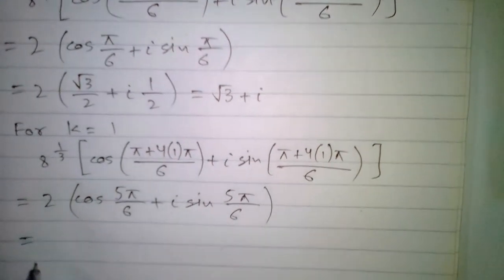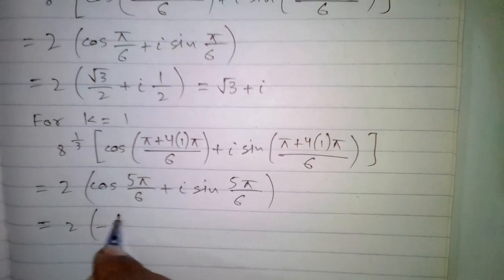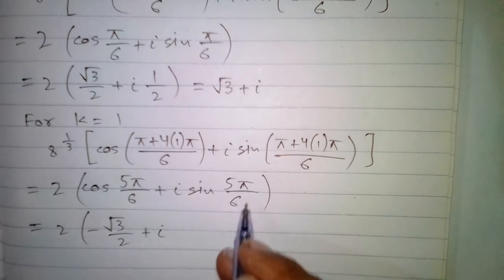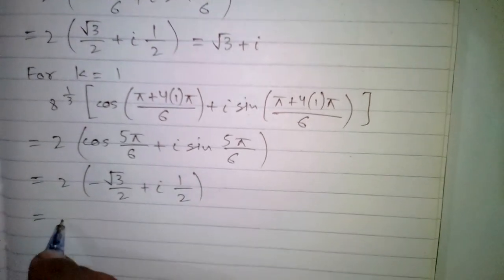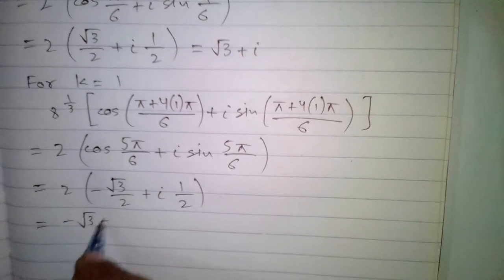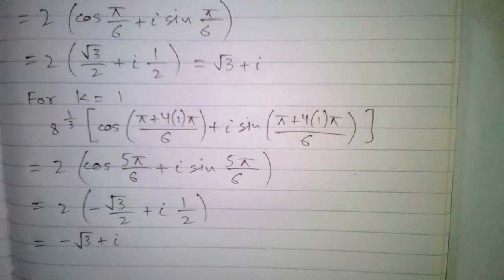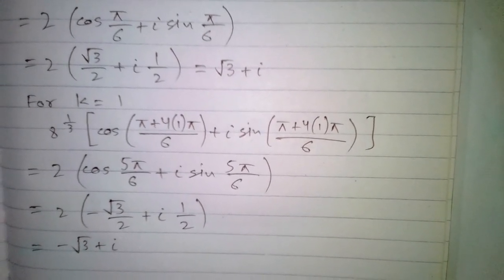Now cos of 5 pi by 6 is minus root 3 upon 2, and then plus iota sine of 5 pi by 6 is 1 upon 2. Now we will multiply this factor by 2, so we have minus root 3 plus iota. So this is the third root of 8 iota. So now we have all the three roots of 8 iota.